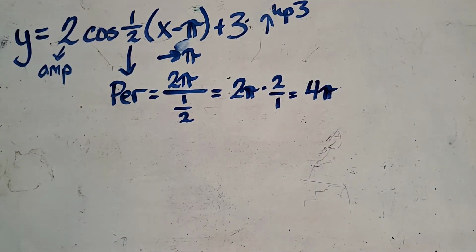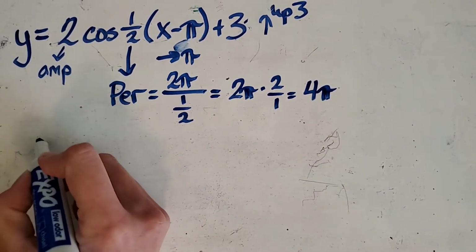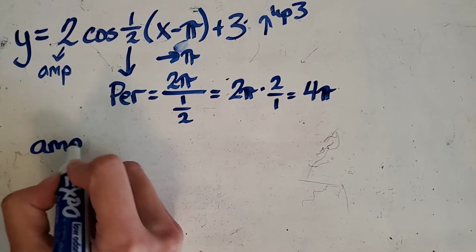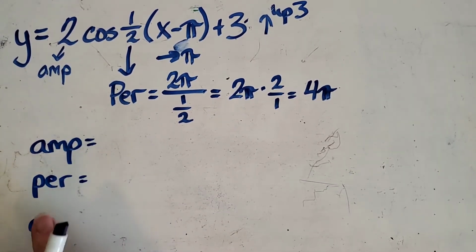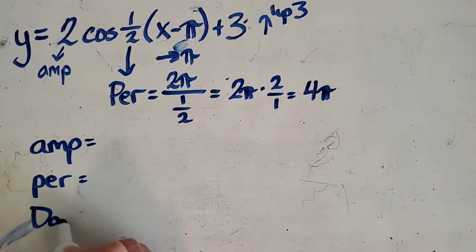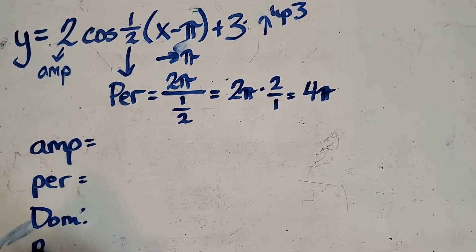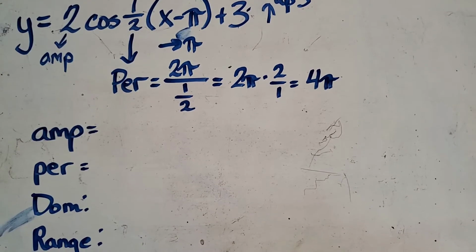Now there are 4 things I'm going to ask you always. I'm going to ask you to tell me the amplitude, the period length, the domain, I'll do a capital D, the domain, and the range. Those are the 4 things I'm going to ask you each time.